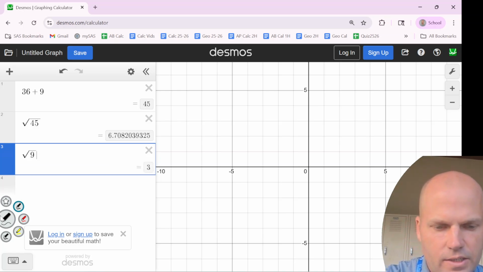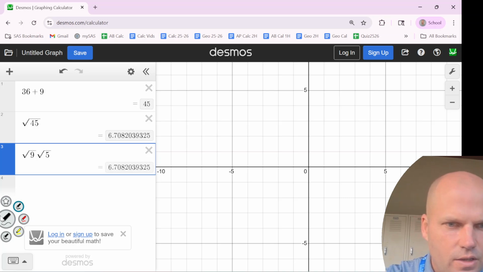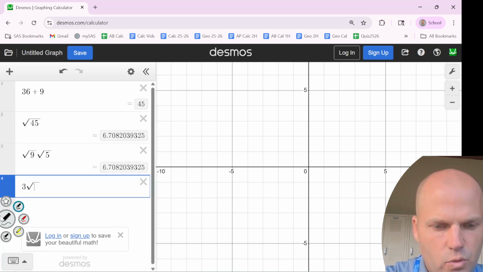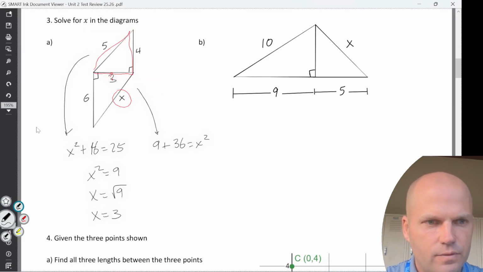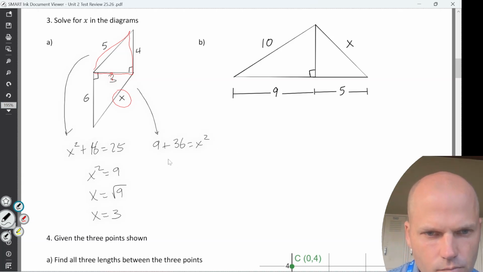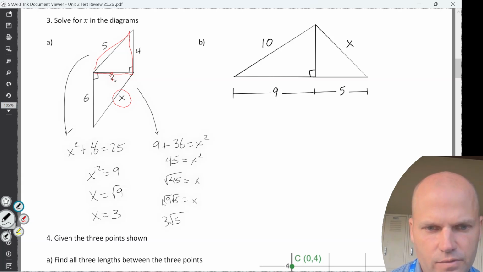So the square root of 9 times the square root of 5 is 3 root 5, which is the simplified version of the square root of 45. So you should put that x equals the square root of 45. But then you should simplify that so that we get the simplified version.